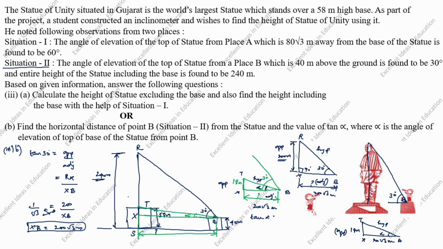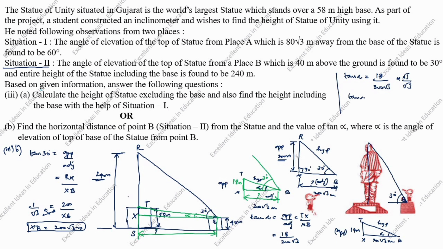Tan alpha is equal to opposite by adjacent. Opposite is TX divided by adjacent is XB. TX value is 18 divided by XB value is 200 root 3. I will write it here. Tan alpha is equal to 18 divided by 200 root 3, into root 3 by root 3.